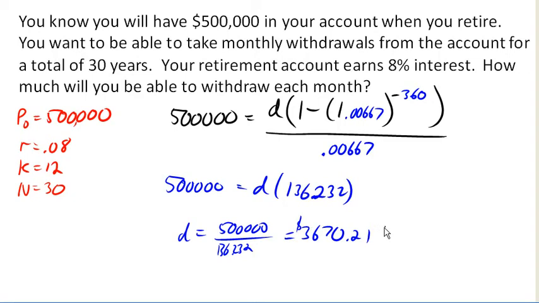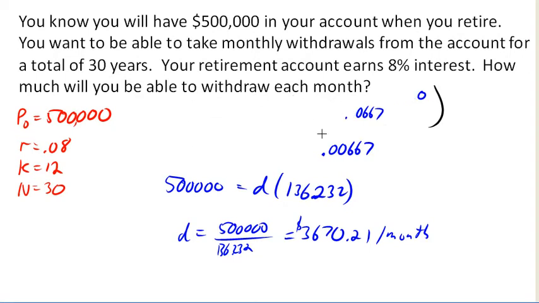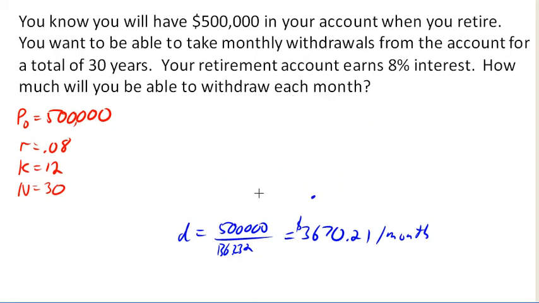Now, it's interesting thinking about how much of that money is coming from interest versus from the original 500,000. So let's take a moment and calculate that. To figure out how much of this is coming from interest, we can ask ourselves the question, what is the total that was taken out over the 30 years?